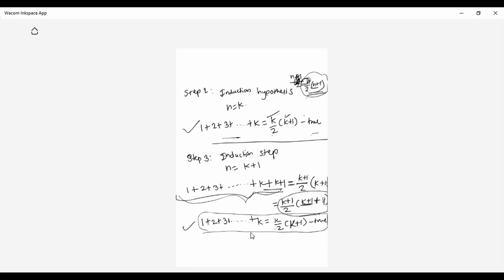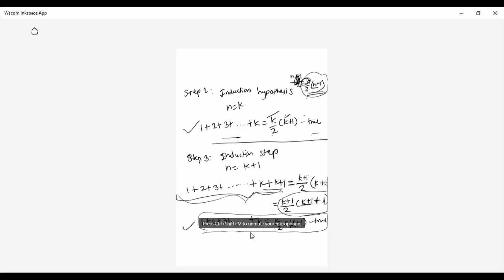Can anyone tell me? I'm going to solve the LHS, and I'm writing this equation. What is the next step that I need to do for solving the LHS? Any student? Yes, ma'am. Till k we will write that equation and then we'll add k plus 1 and then we'll simplify. Perfect. Very good.